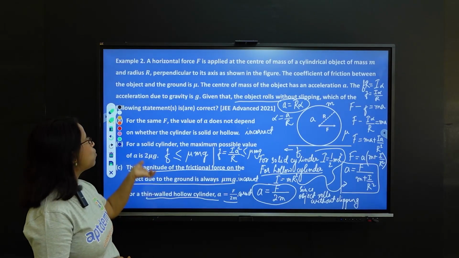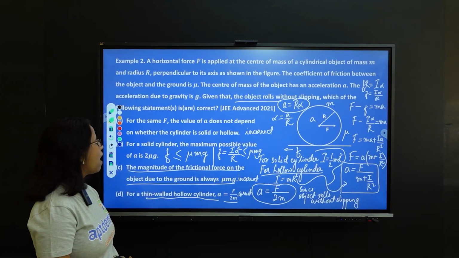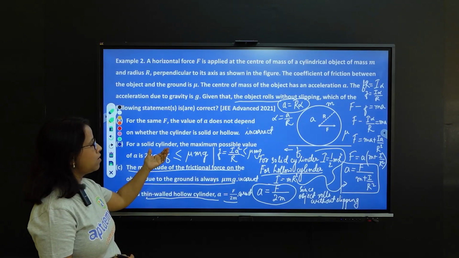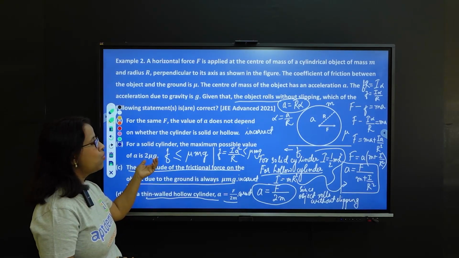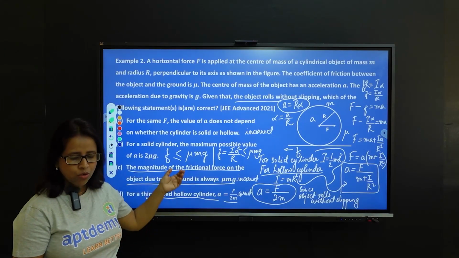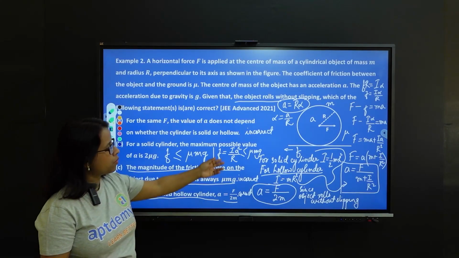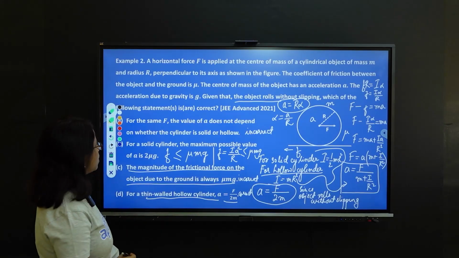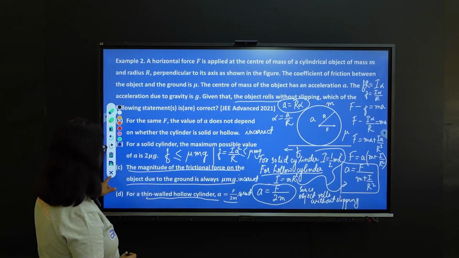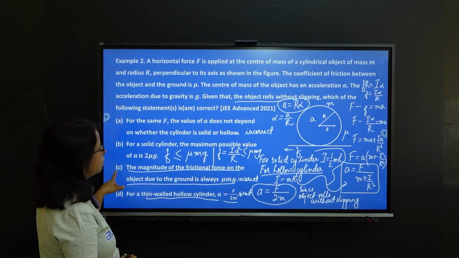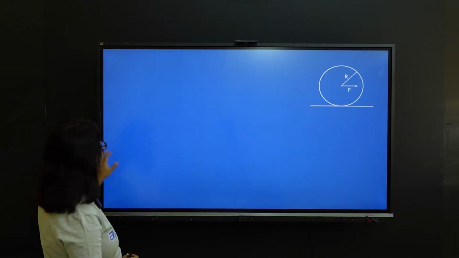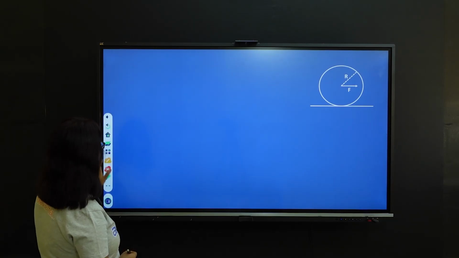So we are left with only one condition to be proved, and that is that for a hollow cylinder, the maximum possible value of A should be mu mg. So let's try to work this out from this particular relation.